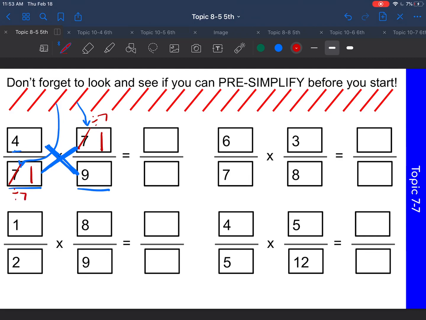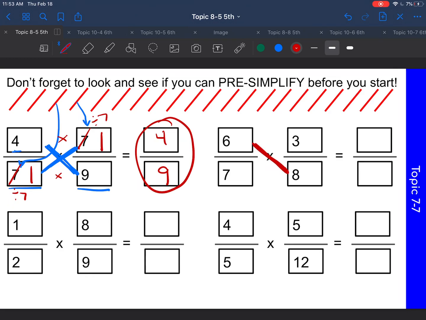So now our new fraction is just 4 over 1 times 1/9. So we can multiply across and get 4, multiply across and get 9. And that is our final answer. And look how much easier that is than trying to figure out how to simplify 28/63.